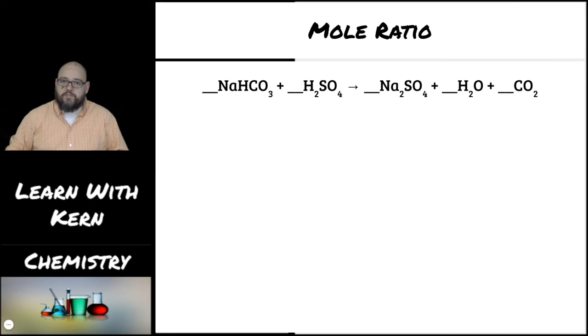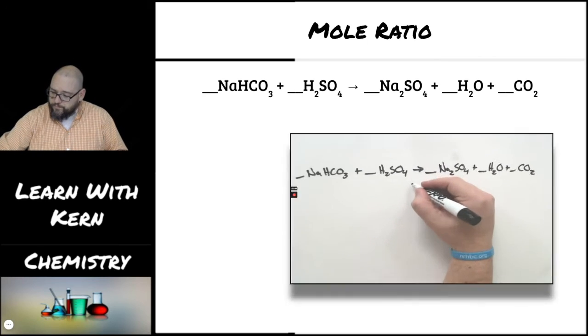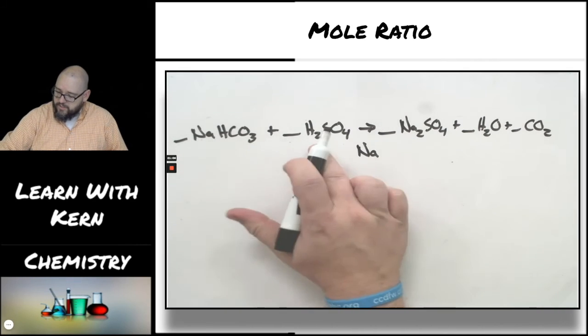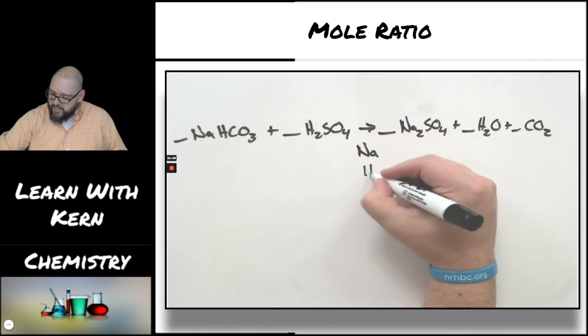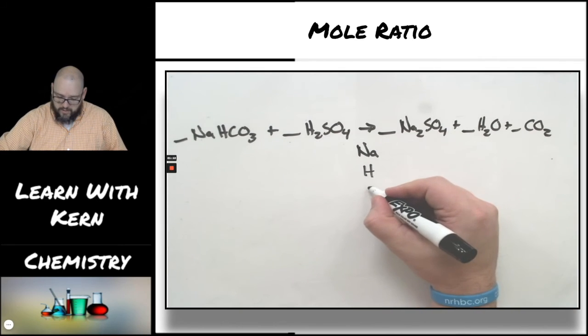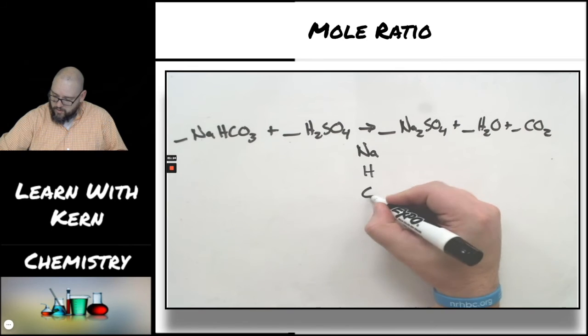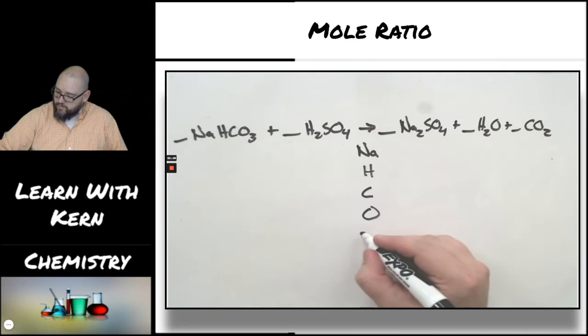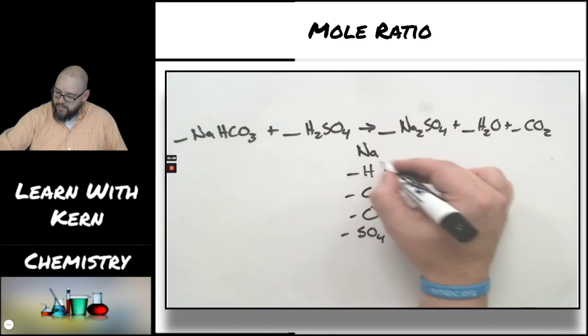So you'll notice for this reaction, we have to actually balance the equation. So let's just review how to do that. I have sodium, and hydrogen is in 2 different compounds here, so I've got hydrogen, and CO3 doesn't stay CO3, so I know I've got carbon and oxygen in there, but SO4 stays SO4, so I'm going to treat it like an element.